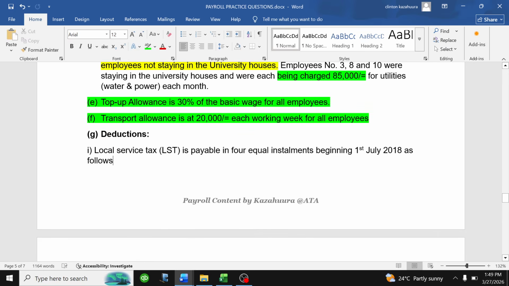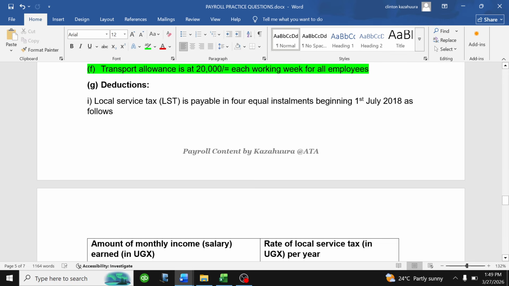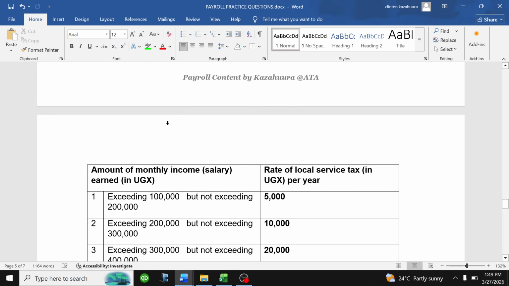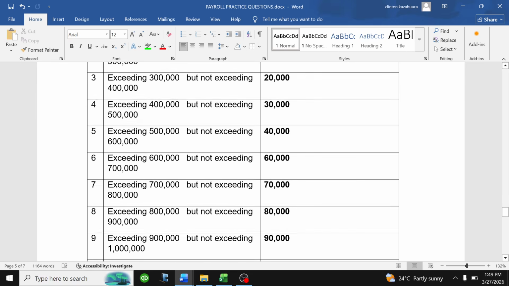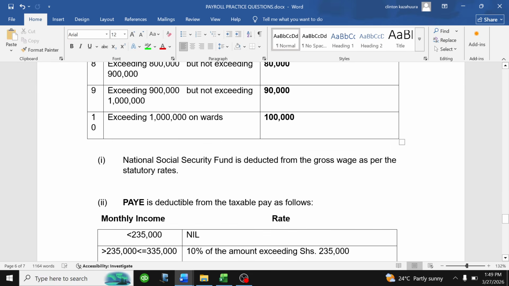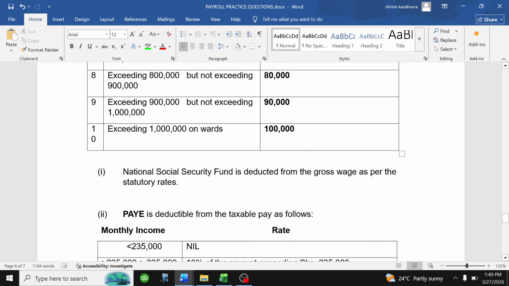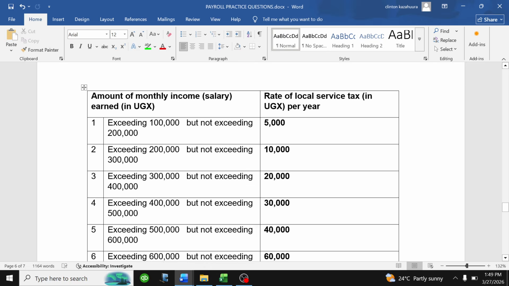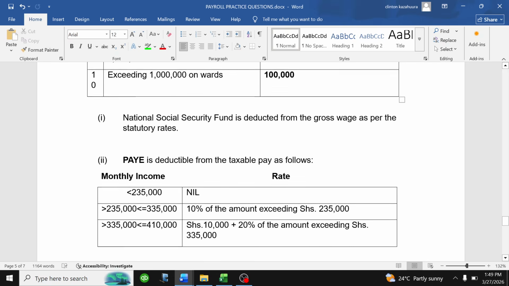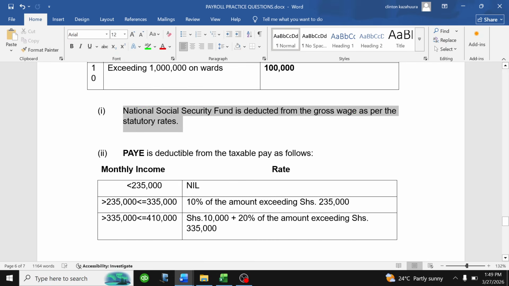We have already done this, and in a Ugandan setting, really these charges do not change. They have not yet changed. They haven't made any amendment. So you can go and check how we compute the local service tax.